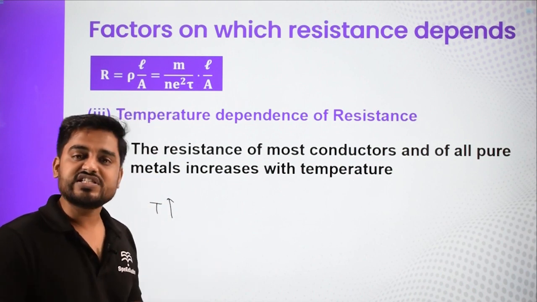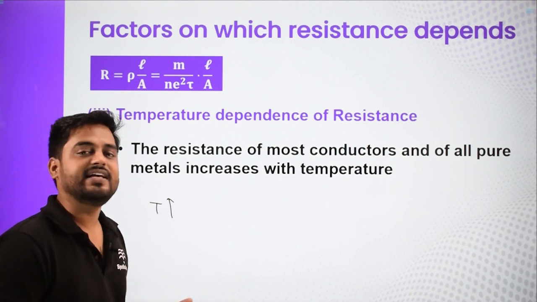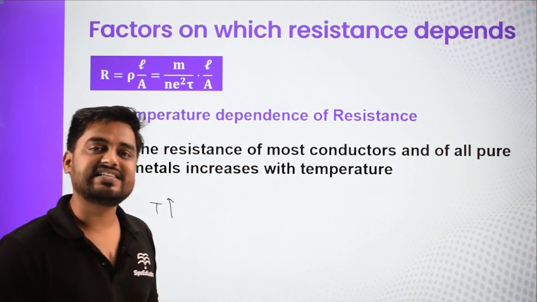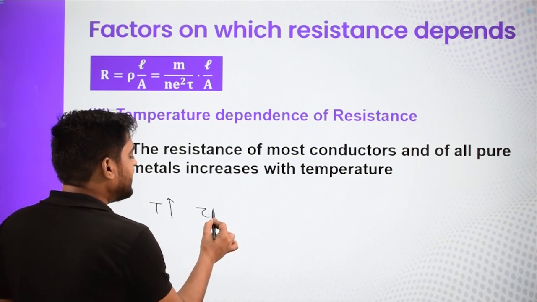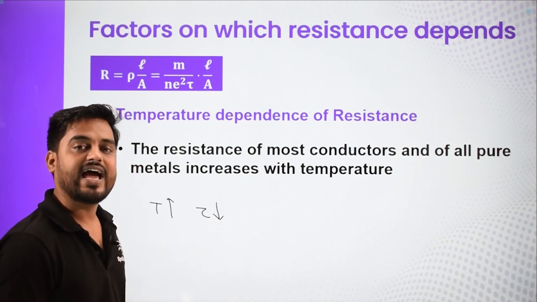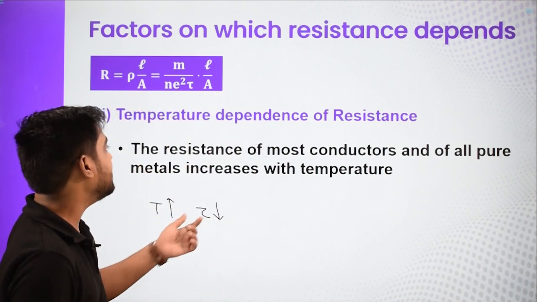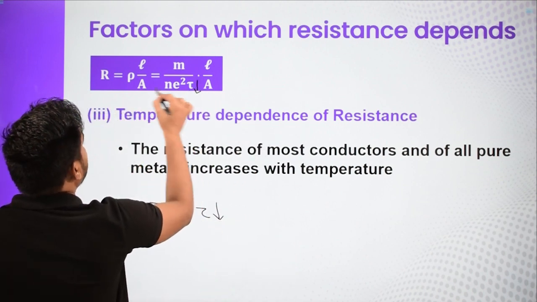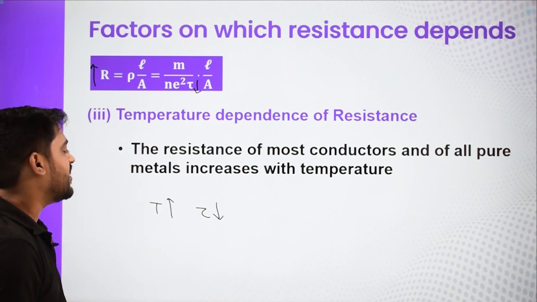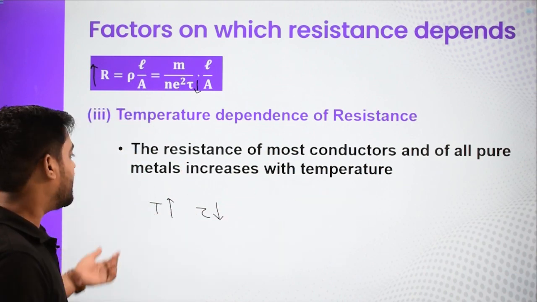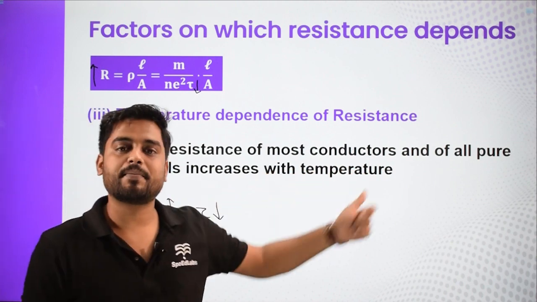Due to that, collisions will happen more rapidly, and when collisions are happening faster, then what will happen? The relaxation time, tau, will decrease. Relaxation time was the time between two successive collisions. So when tau decreases, then we can say that resistance increases.